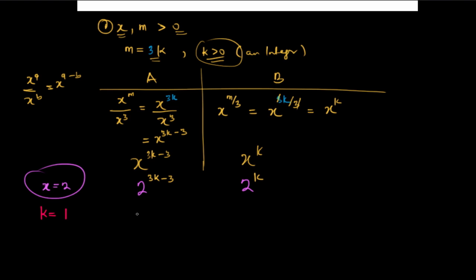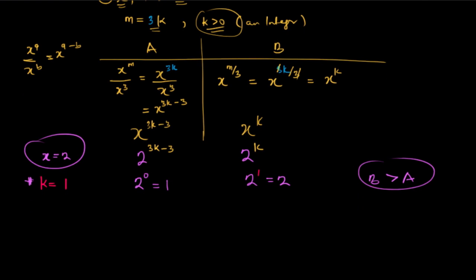Then A is 2 to the power 3 times 1 minus 3, that is 2 to the power 0, which gives you 1. And B is 2 to the power 1, which is just 2. So 1 is less than 2, that is, B is greater than A for this value of k.